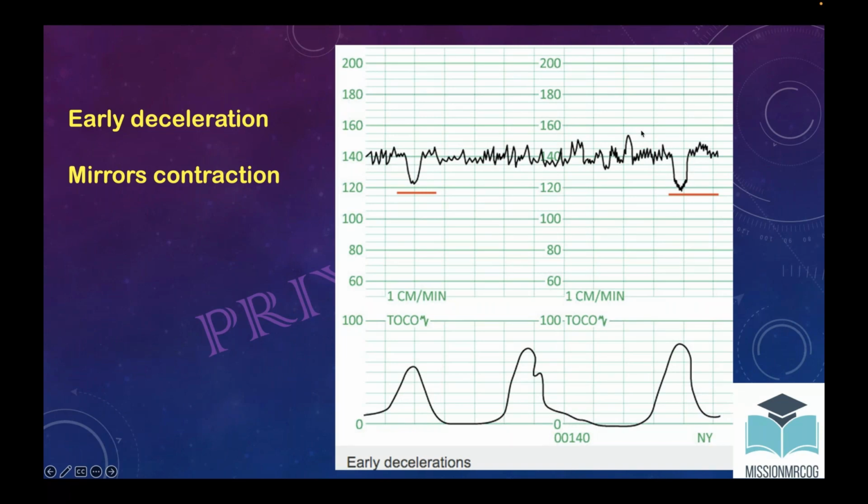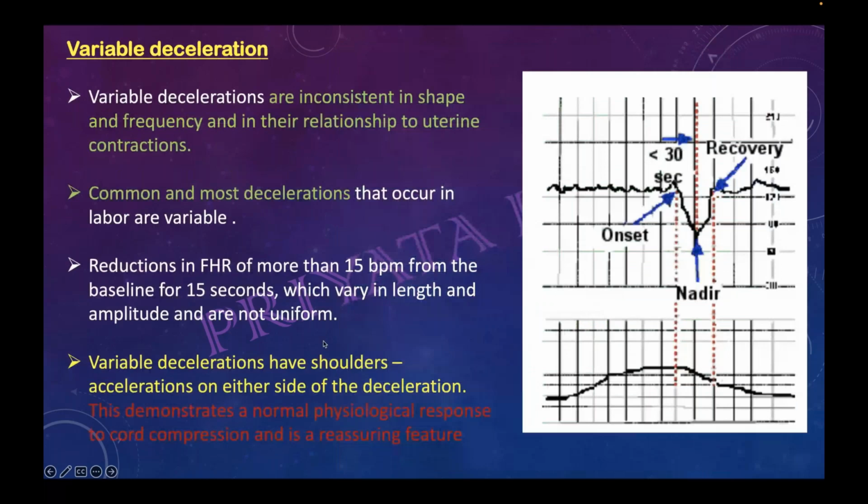Now variable deceleration. In early deceleration, it is a mirror image of the contraction, starts with it and ends with it. But in variable deceleration, there would be no correlation with the contraction.